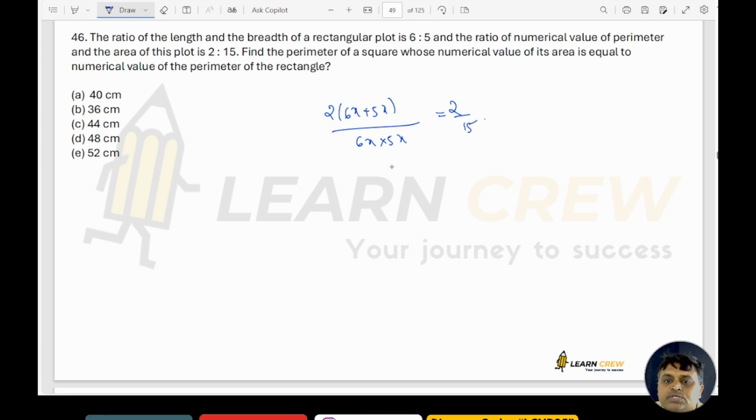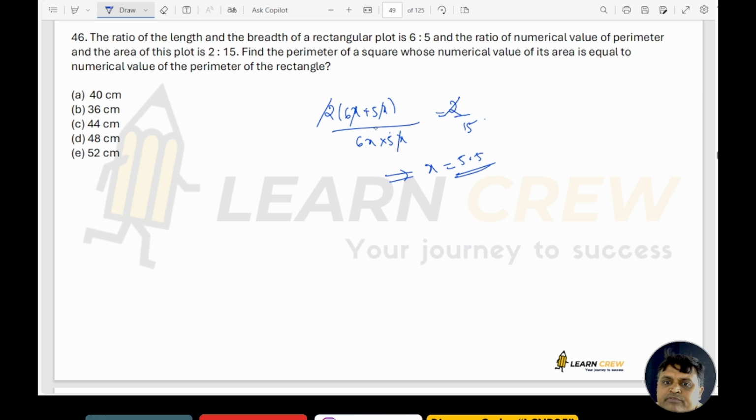The 2 cancels, and 5 3s are 15, 2 is 30. So I will get 60. The x is also cancelled throughout. So I will get 330 is equal to 60x. So x is equal to 5.5.